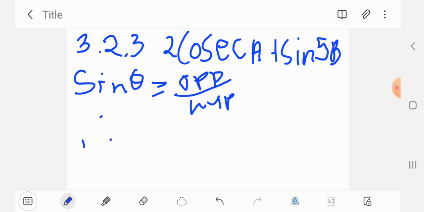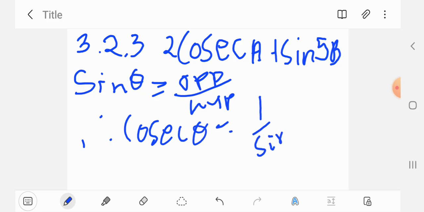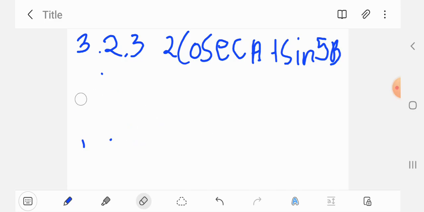Therefore we can conclude that cosec theta equals 1 over sine theta. When you see cosec theta, you can write 1 over sine theta. I hope you understand that.